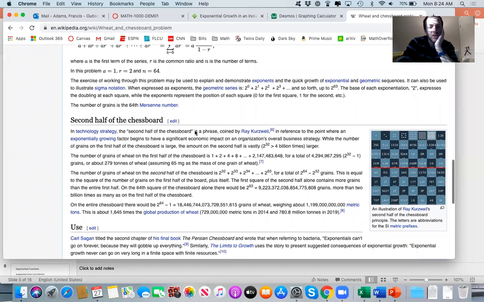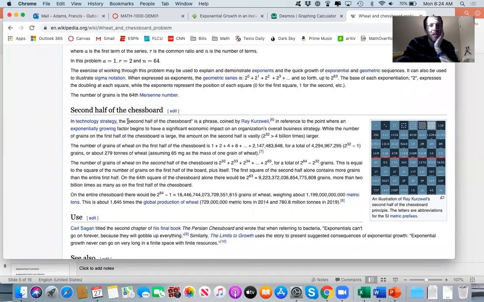But what I thought was interesting is this phrase, the second half of the chessboard, which is really saying you're filling this chessboard up, and the amount on the first half is just minuscule compared to the second half.